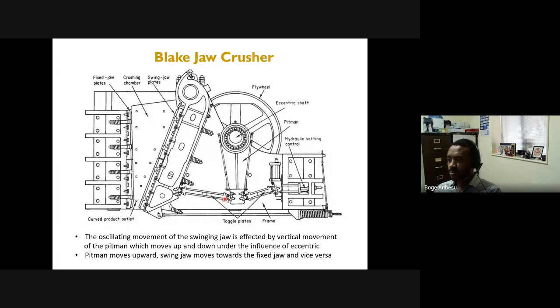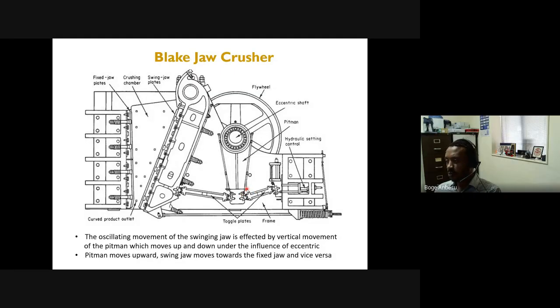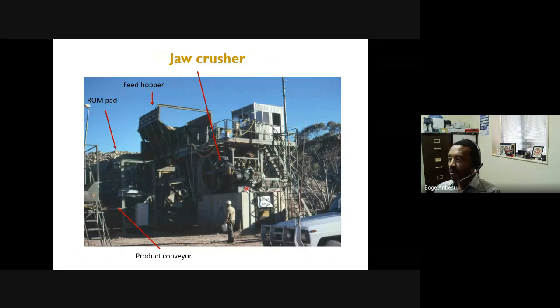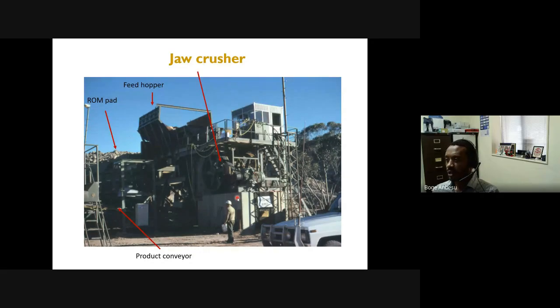This can be a bit bulky in construction, but you can have them move from one place to another, and they can be applied reasonably well. I don't know how clear that picture is for you, but this is what a typical jaw crusher looks like.